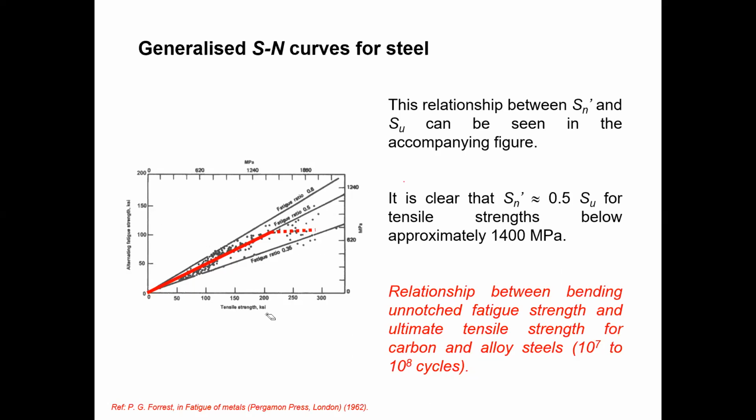You can see if the ratio is 0.6, this is the curve. But most of the data, this is real experimental data, distribute around this line. So these are the relations between these two properties.